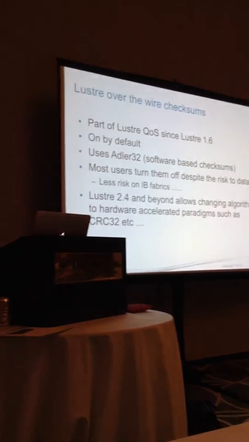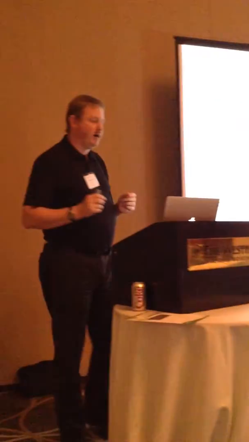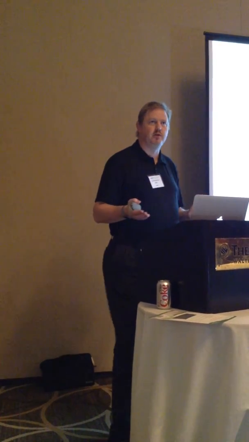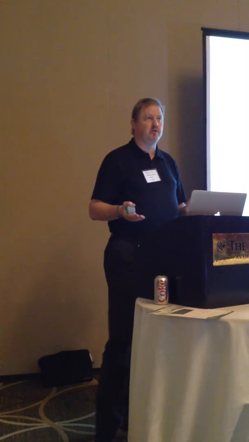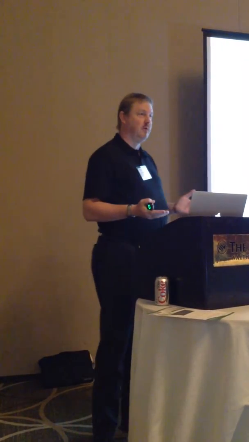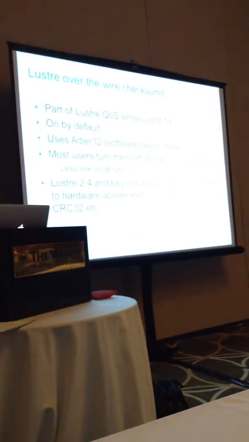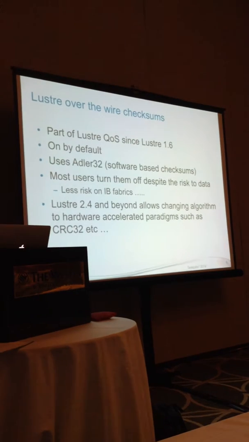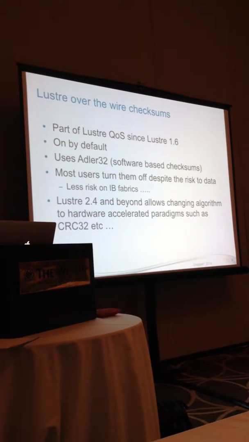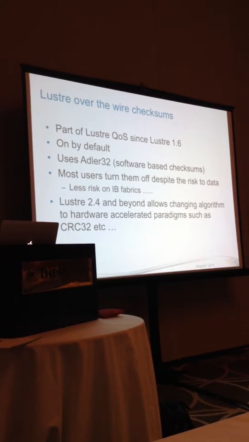Now, the first thing we looked at was checksum over the wire, because it's been in Lustre since 1.6. It's used as standard because it's always turned on. Most people actually do turn it off, but it's turned on. One of the problems it has today is that it uses a fairly old checksumming algorithm called ADLER32.